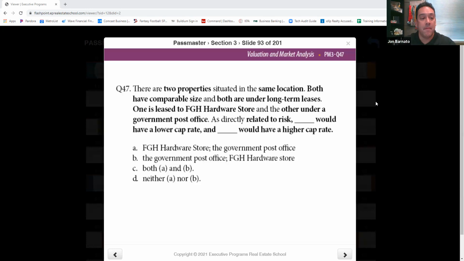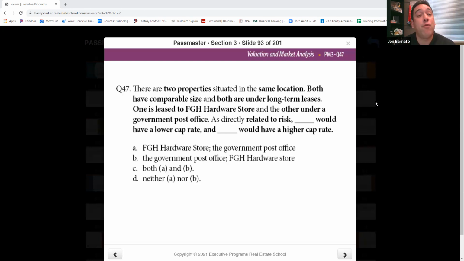So for example, let me put it in another way. If you have an apartment complex near a university, in our case Sacramento State University in Sacramento, you could probably sell those apartment complexes right now at a very low return rate for the buyer.